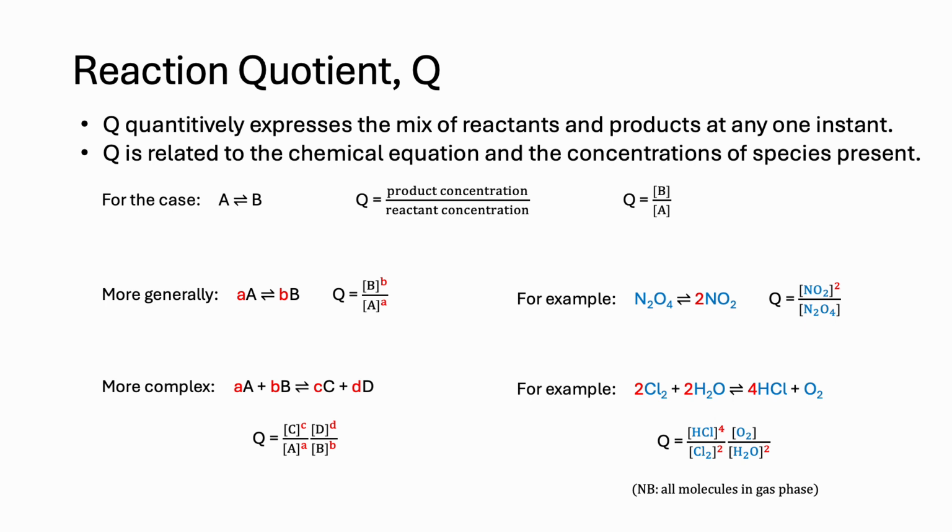In more complicated cases, a similar pattern is followed. That is, Q is calculated from the multiplication of the product concentrations, each raised to a power represented by their stoichiometric coefficient, divided by the multiplication of the reactant concentrations, also each raised to the power represented by their stoichiometric coefficient.